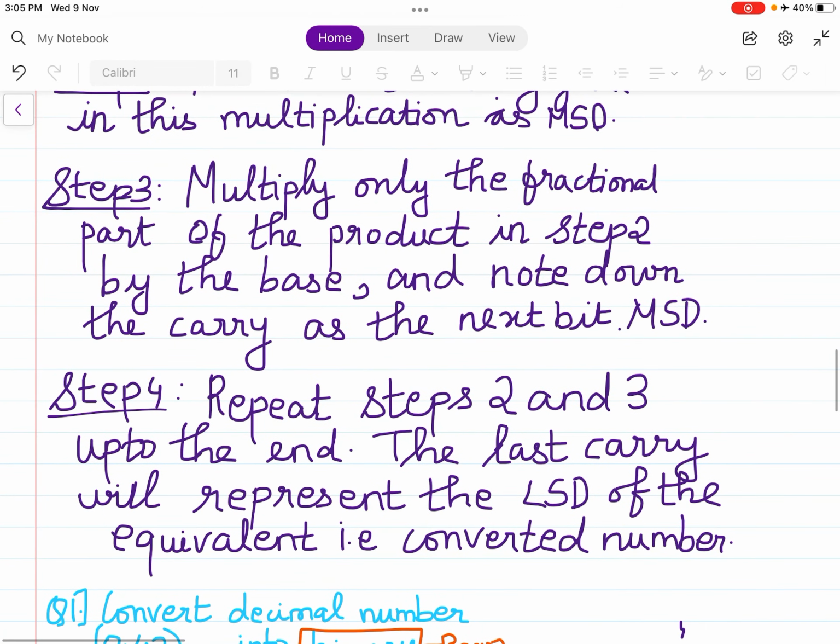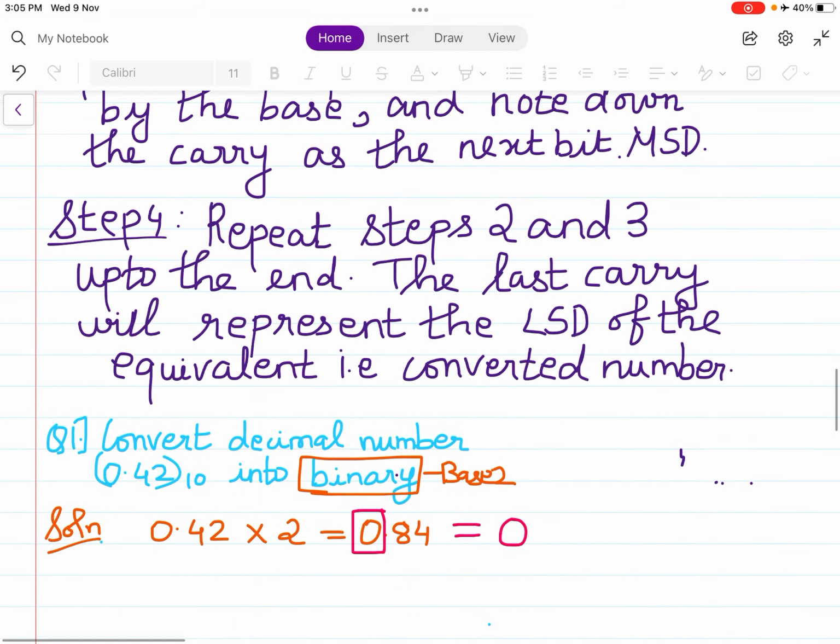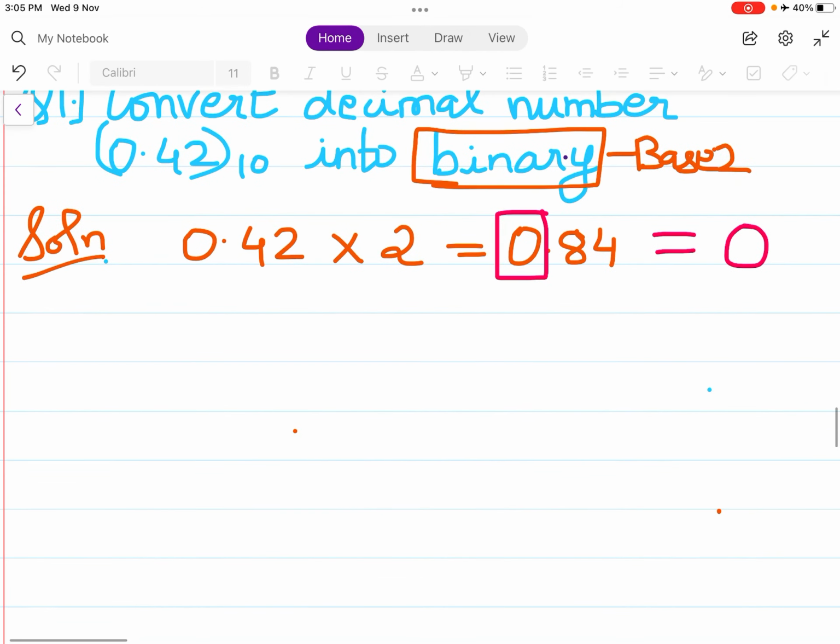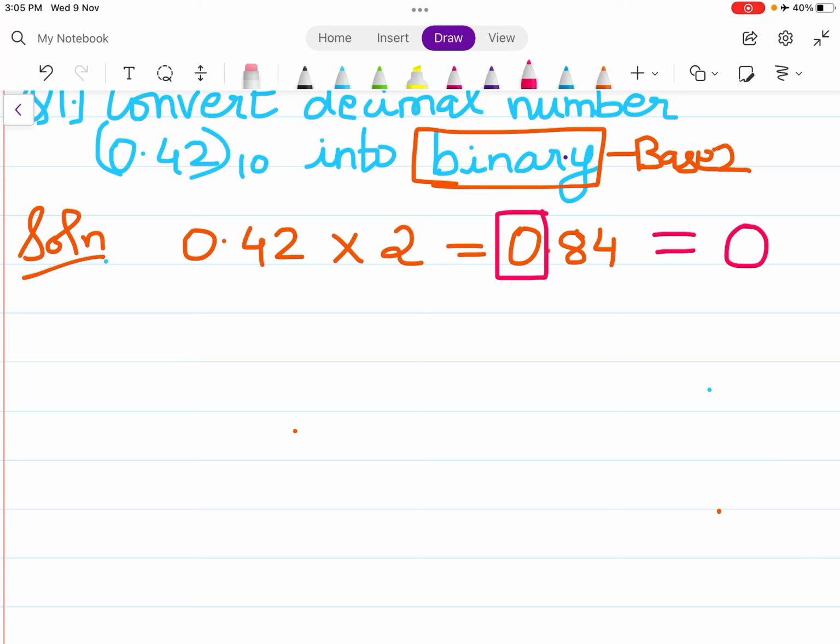Step 3: multiply only the fractional part of the product in step 2 by the base and note down the carry as the next bit. So what is the fractional part? The fractional part is 0.84. We will multiply it by the radix or the base, that is 2. So 0.84 into 2 is 1.68.